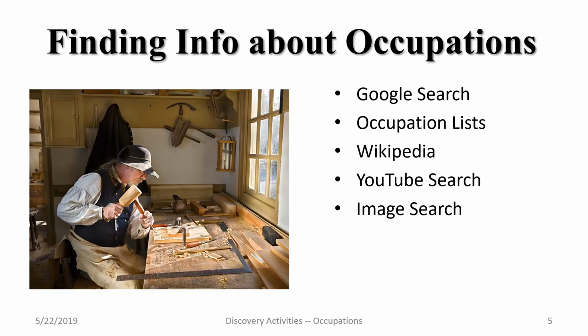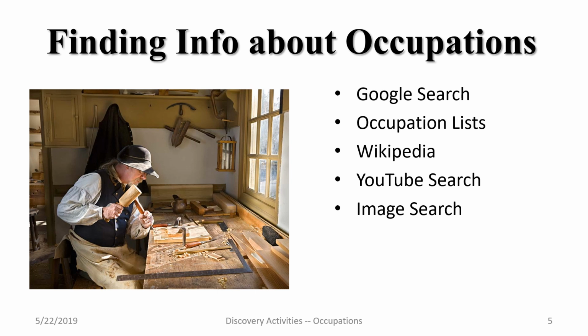When I know what occupation my ancestor had, I want to find out more about that occupation, what tools were needed, how they performed their tasks, and what principles they followed. I want to know the conditions they worked under for their time period and how it affected their family.